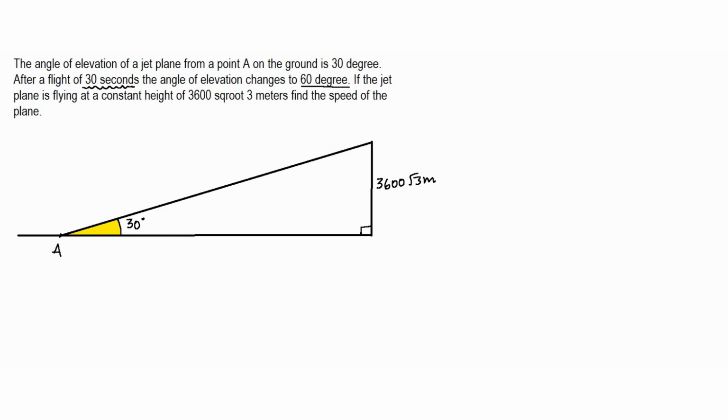That means now again we have to think whether the plane is going further off or approaching the observer. Now if the plane is moving away from you, the angle of elevation would decrease, right?